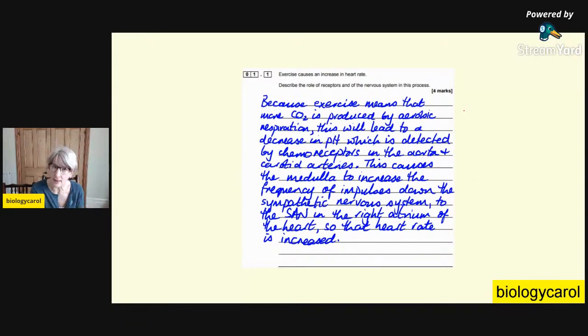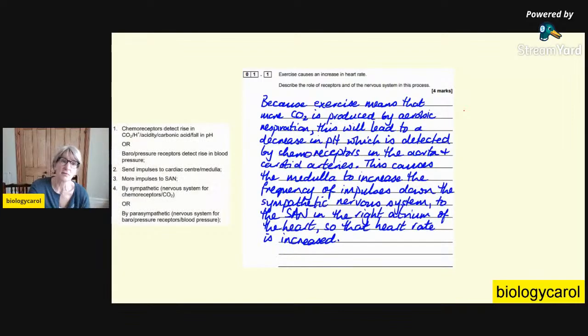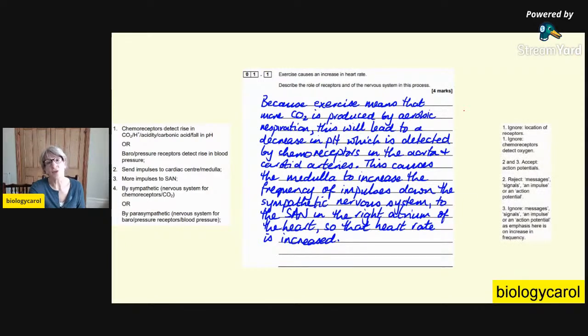Terminology is key. Anyway, let's keep going. So you'll see, because I remember now, on this one, I didn't get all 4 marks. Here is the mark scheme on the left-hand side of the screen. And here are the notes of the examiners on the right-hand side, what is allowed and what isn't.